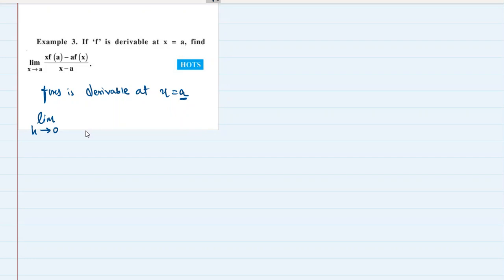Okay, so limit when h approaches 0 of f of c plus h, that is a plus h, minus f of c, that is f of a, upon h will be equal to the differential coefficient of the function at point a, or the differentiation of the function or derivation of the function at point a.